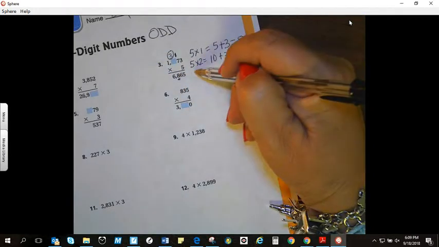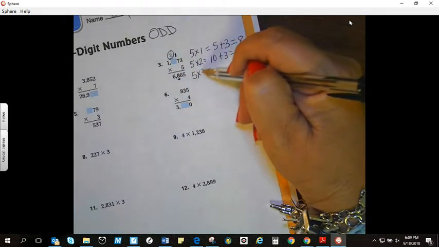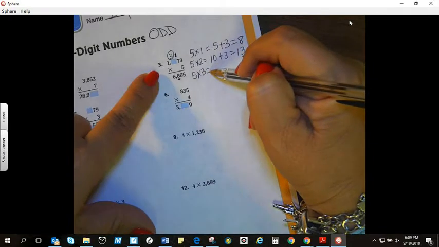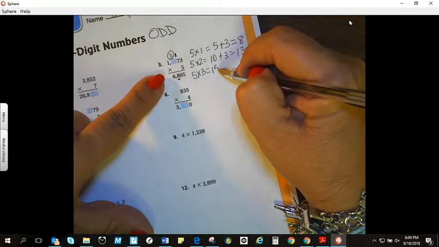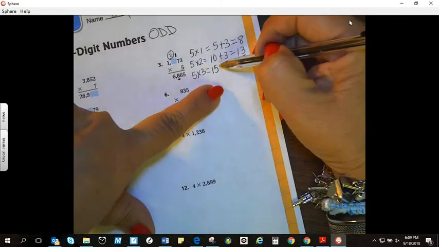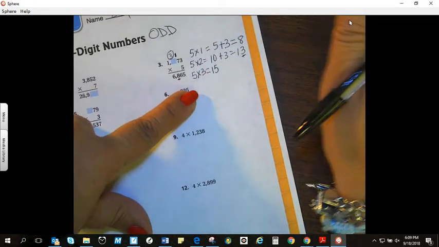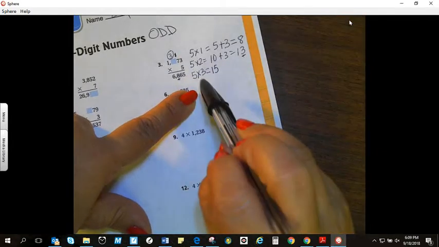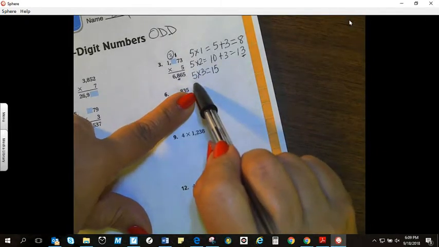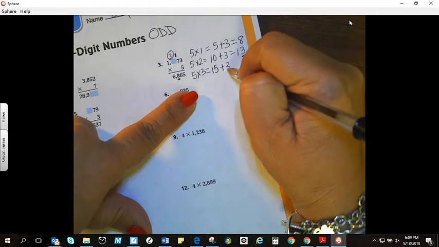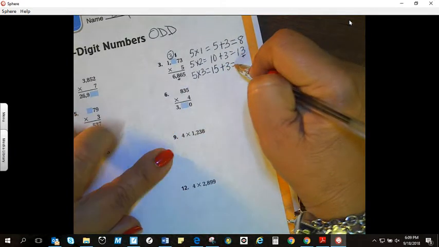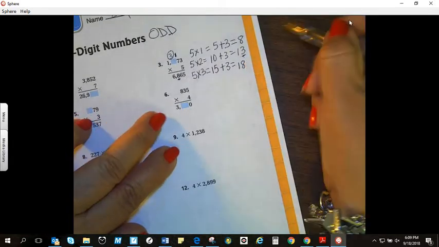So now I have 5 times 3, or the 15, or 300. So 5 times 300, that's 1,500. But now I'm just going to do this one. Keep it simple. I don't want to confuse anybody, and I think I'm already doing it. 5 times 3 equals 15, plus my regroup. I'm leaving my zeros. That gives me 18, or 1,800.